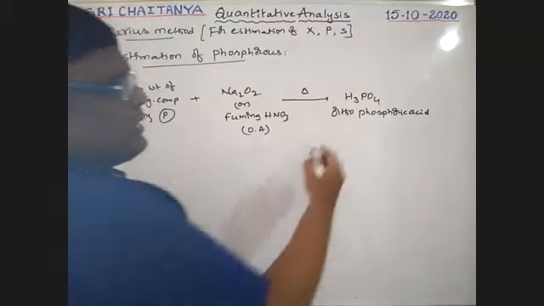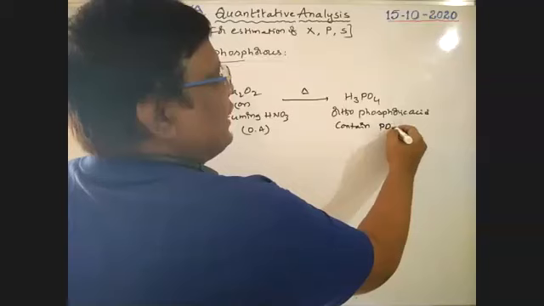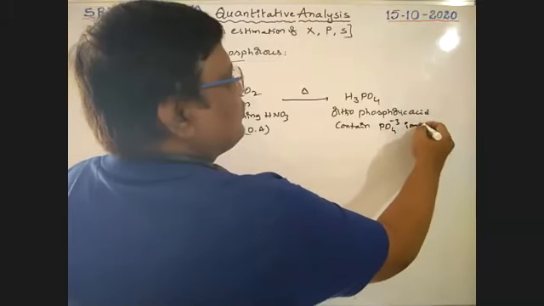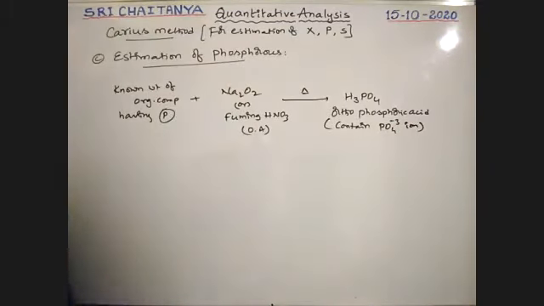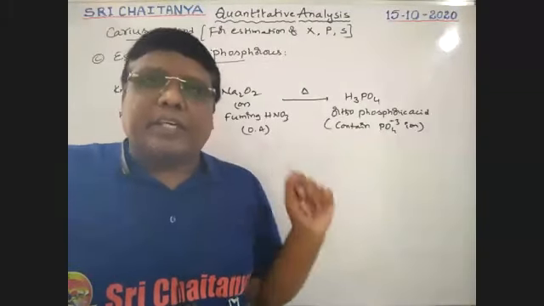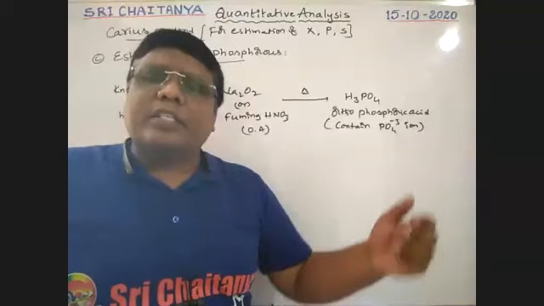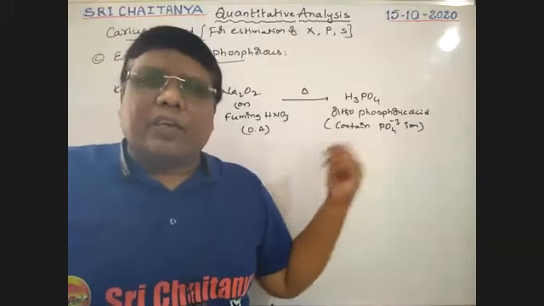This contains phosphate ion, boys. PO4 3- ion exists, that is called phosphate ion. This phosphate ion is going to be precipitated by two different methods. Any one of these two is used. One is ammonium molybdate and the other one is magnesium pyrophosphate as the precipitate.